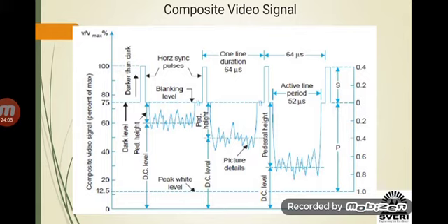Now why is this huge amount of time required as compared to the front porch? Because during the retrace period, the beam moves back the same distance from the right side to the left side in only 4.7 microseconds. So the speed of the beam will be very, very high.